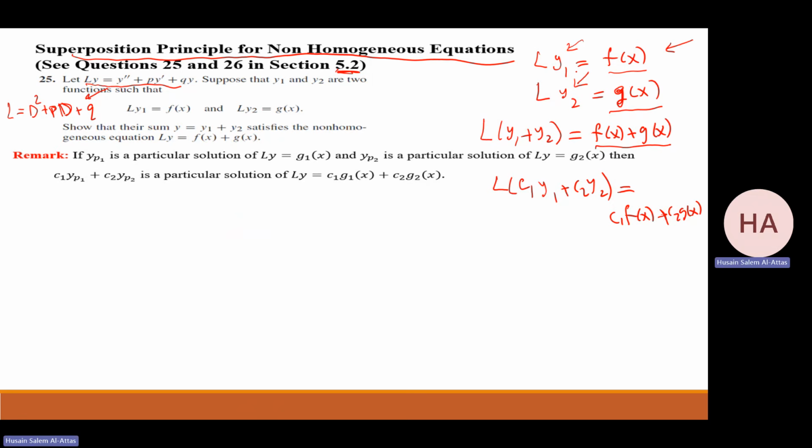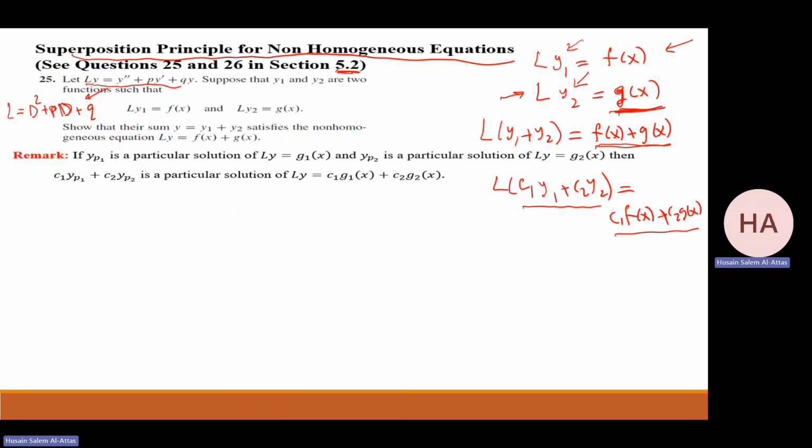So if I know the solution for this equation, where the right-hand side is f, and they have the same L, and the right-hand side is g, then I get another solution y2. Now, if he gave me an equation where the right-hand side is the sum of these two, not only the sum, also any linear combination of these two, what will be the solution of this new equation? It will be the linear combination of these two solutions, y1 and y2.